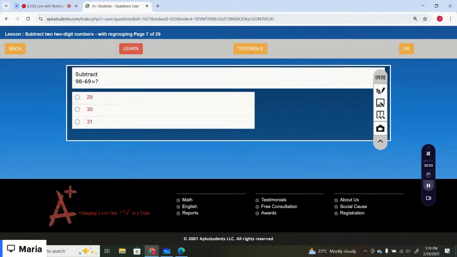98 take away 69, which is the correct option. Ninety-eight take away 69 is 29.